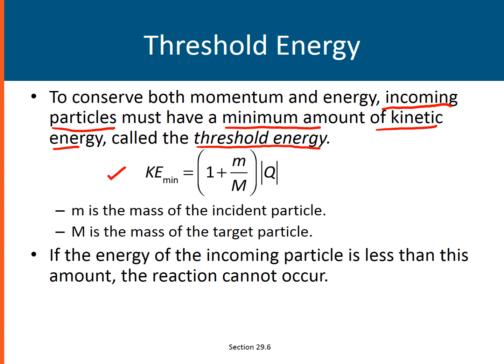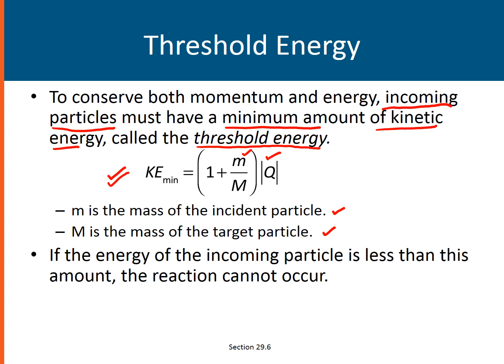Threshold energy, or Ke minimum, may be computed as 1 plus the mass of the incident particle divided by the mass of the target particle, multiplied by the absolute value of the Q value.